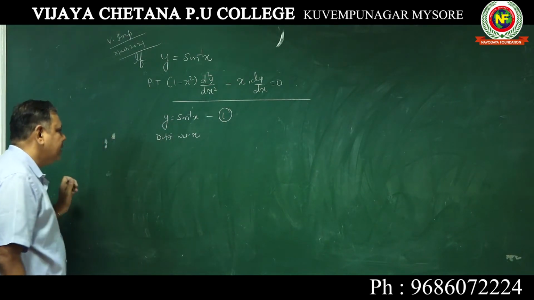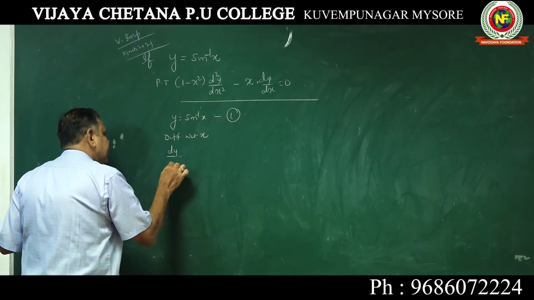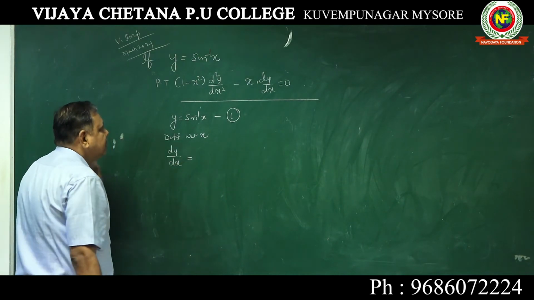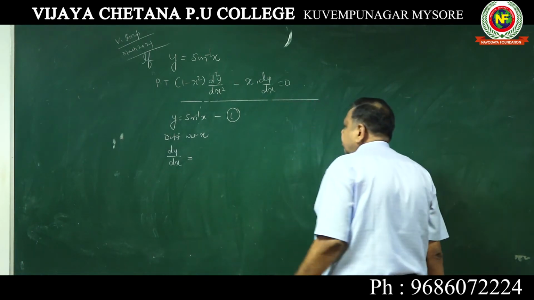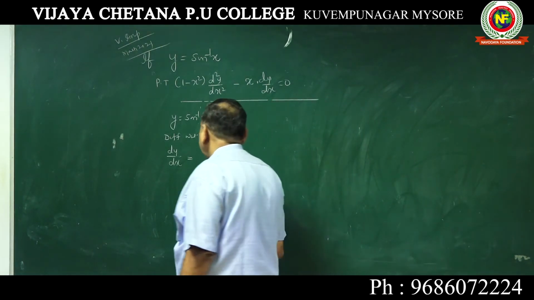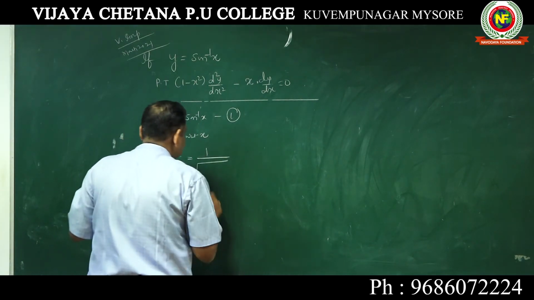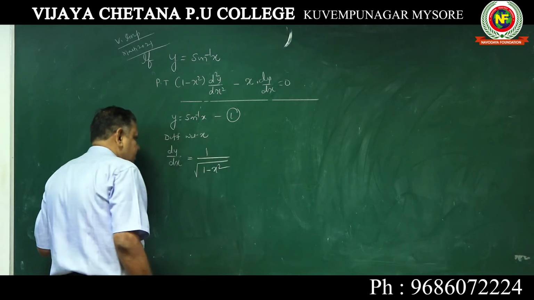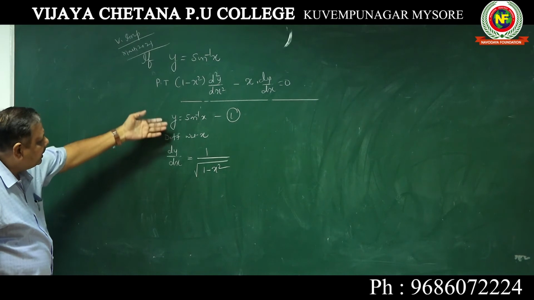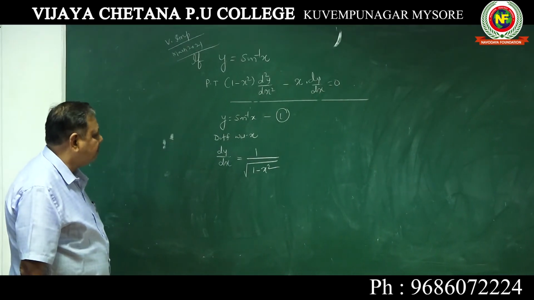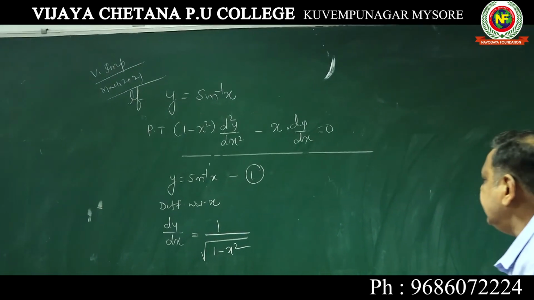Since they are asked in the form of dy by dx and d square y over dx square, first we write dy by dx. dy by dx is equal to the differentiation of sin inverse x, which is 1 over root of 1 minus x square.